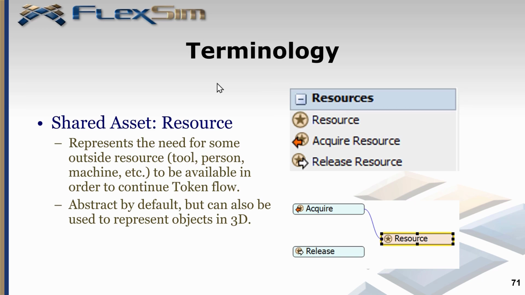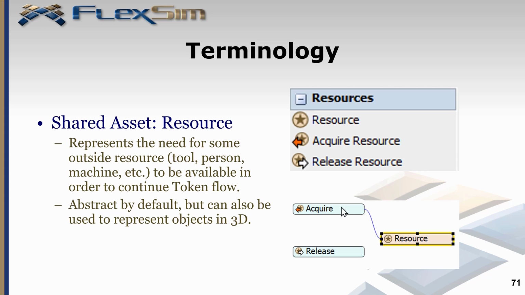Okay, in process flow terminology, a shared asset represents the need for some outside resource, such as a tool, operator, machine, etc., to be available in order to continue token flow. The resource is abstract by default. It's, for instance, just a number, a quantity of something that gets acquired and released. But it can also be used to represent objects in the 3D model. So as the token progresses through the process flow, if it comes across an acquire activity, then it will try to acquire a certain amount of the resource that the acquire activity is tied to.